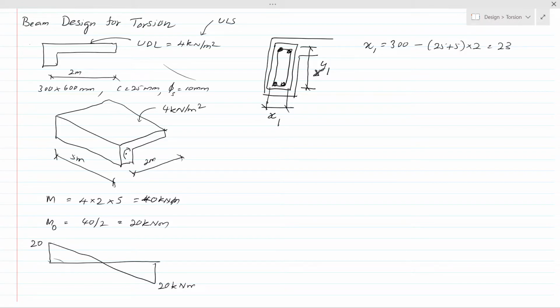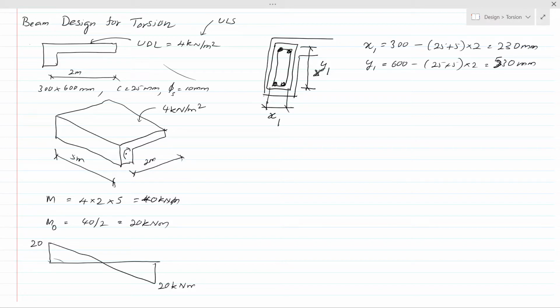Then this becomes 230 millimeter. Then you can calculate y1 in a similar manner: 600 minus 25 cover plus stirrup diameter, into 2, that is 530 millimeter. So the minimum and maximum distances between the stirrup centers are now calculated.